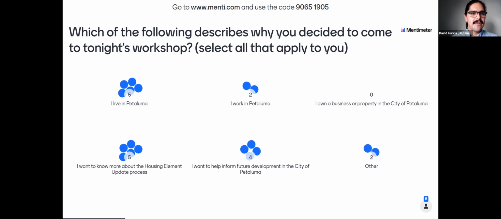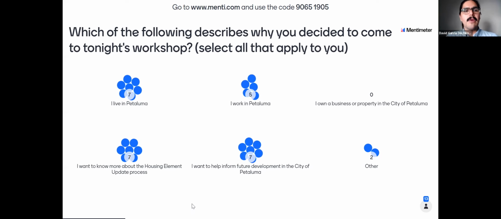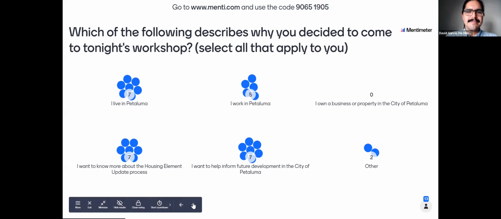So we see a few people who live here. We have some people who want to know more about the housing element and development, some workers, and some other reasons that we'll hopefully get into during our breakout sessions, where we're going to break out into smaller communities and be able to share a little bit more about what we're doing here and our own backgrounds.